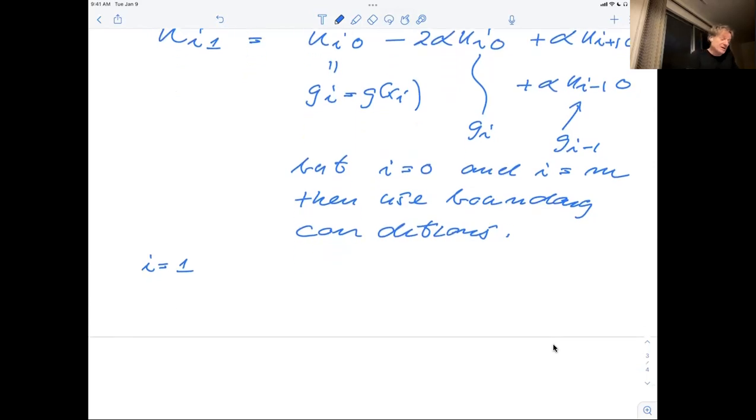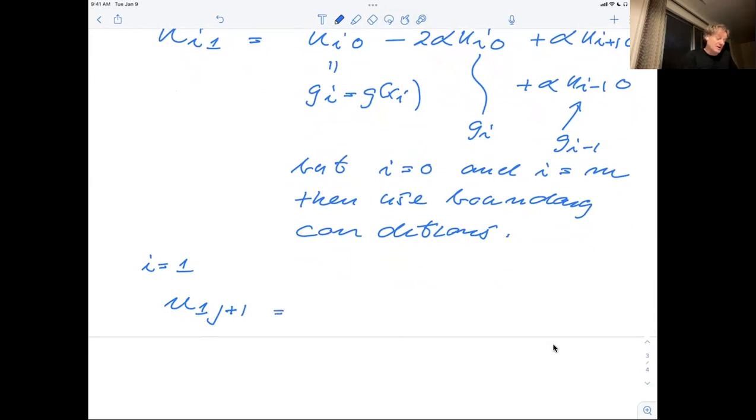So that means that what I have then is an equation which will be u of 1. And now I'm looking at a time j plus 1. So I'm not specifying time. I know the values at the initial condition.